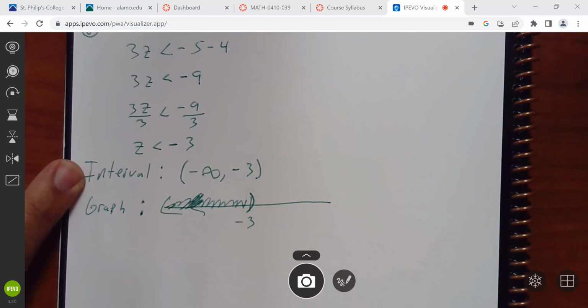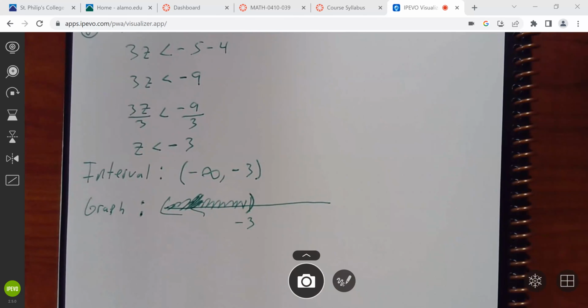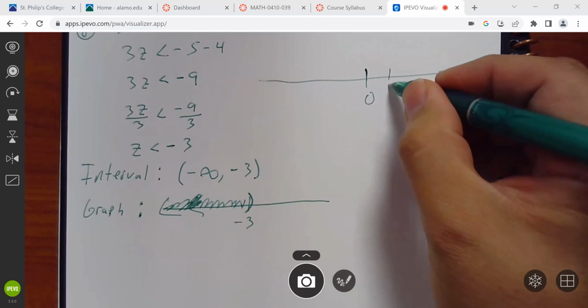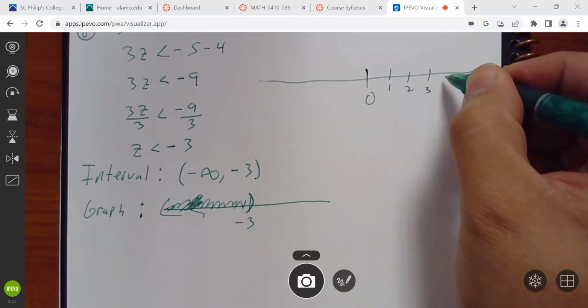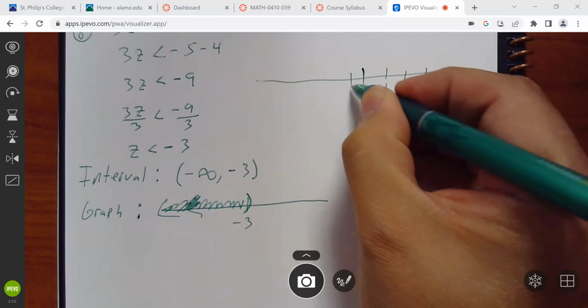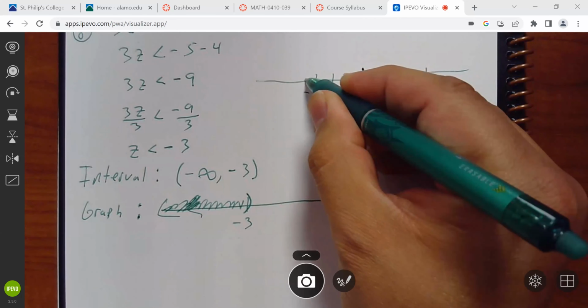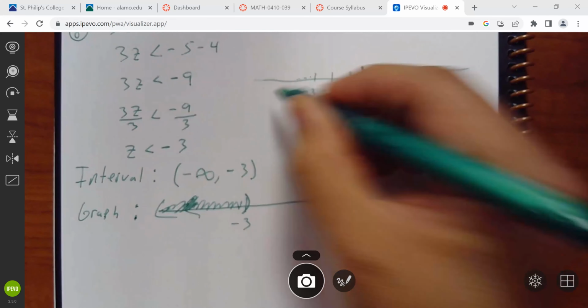Any issues finding the interval or the graph? Right. This on the left is telling you keep going to the left side, the negative direction. Okay, all number lines are like this. Zero's here.